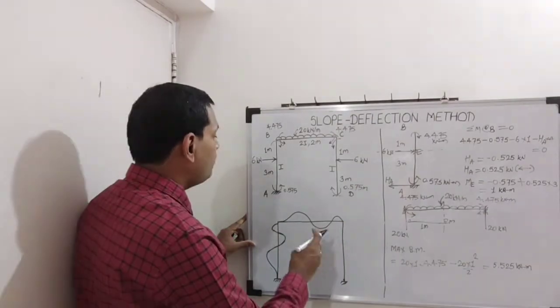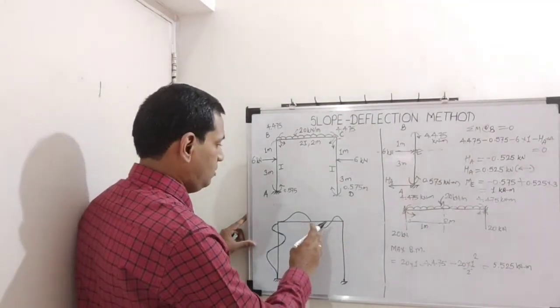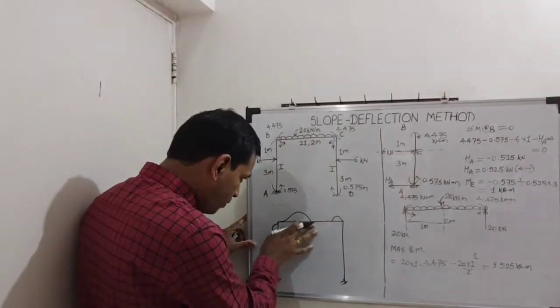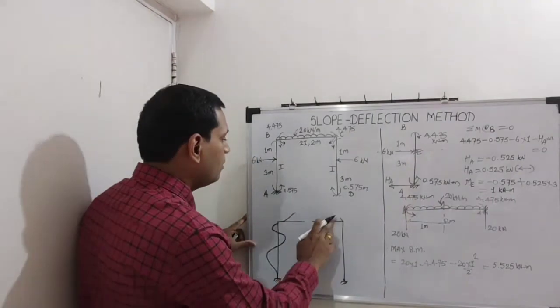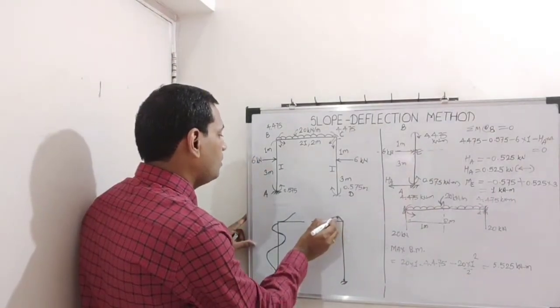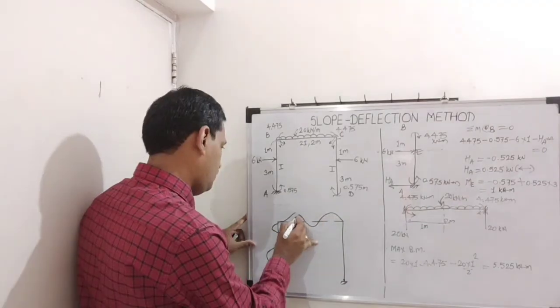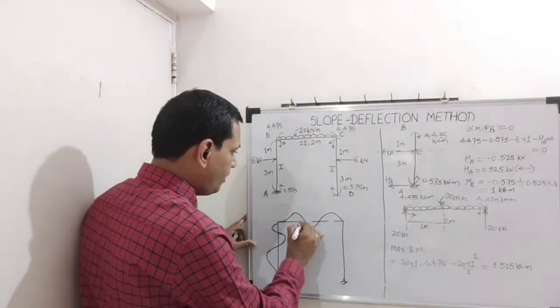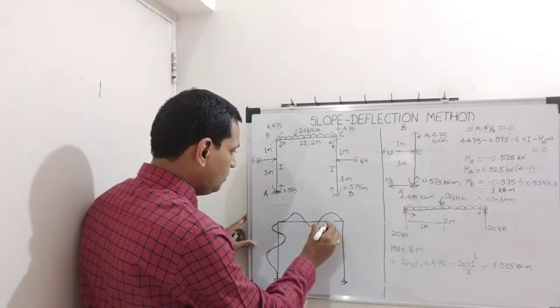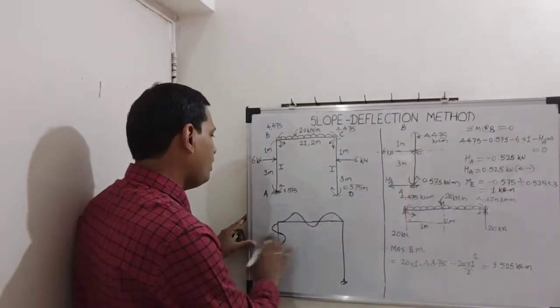Actually the deformed shape should be symmetric, so I will redraw this. Yep, this is somewhat symmetric now, and its mirror image will be here.